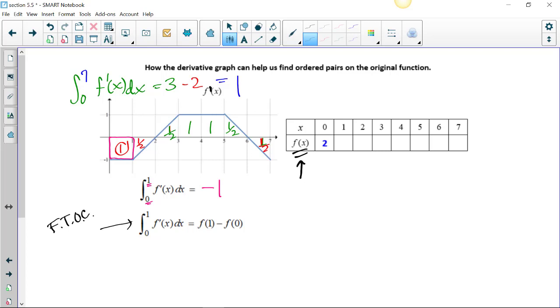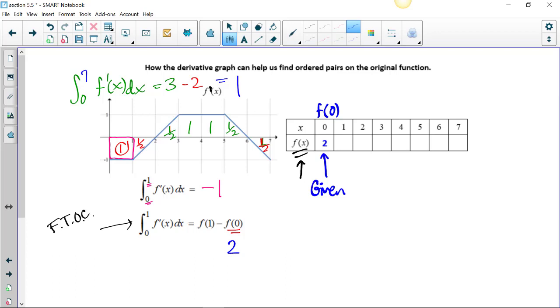Well, I don't know the function, so I can't plug 1 and 0 in. But if I know one of these values, so think about f of 0 as kind of like my initial value. If I'm given some initial value, a function value that I can use, the function value at 0, so this is f of 0, I do know that that is 2.